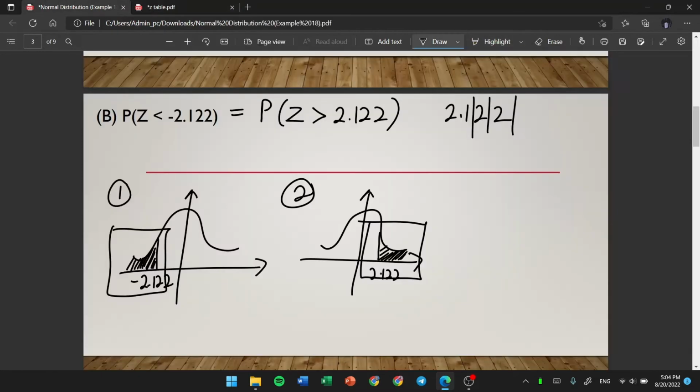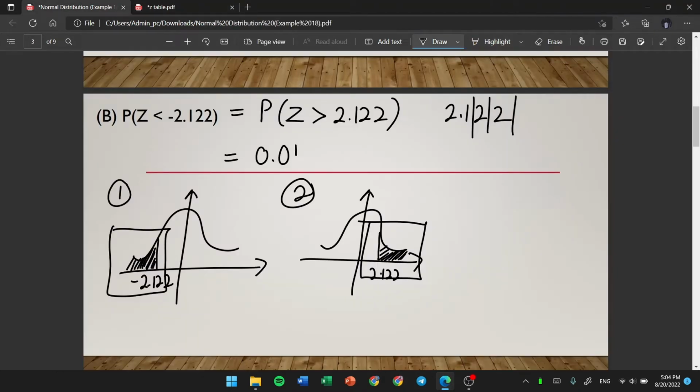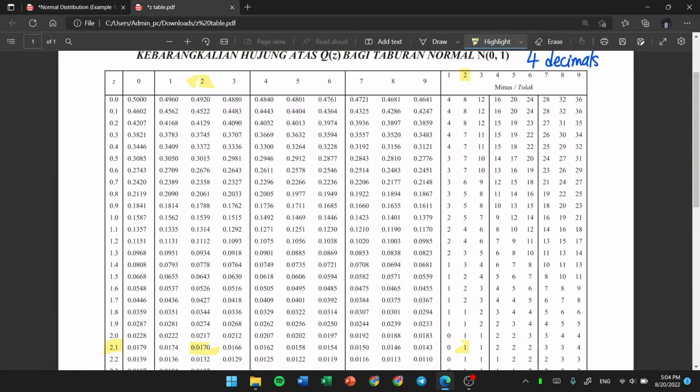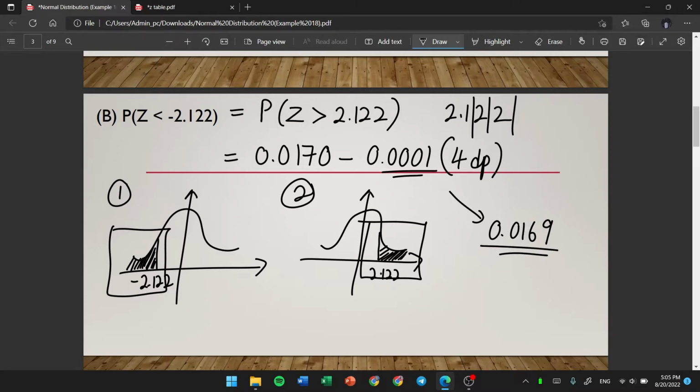So final answer would be this one equals to 2.12 0.0170, minus 0.0001. Because remember, behind here must be 4 decimal places. Then you will get your answer 0.0169. Final answer. Okay, next.